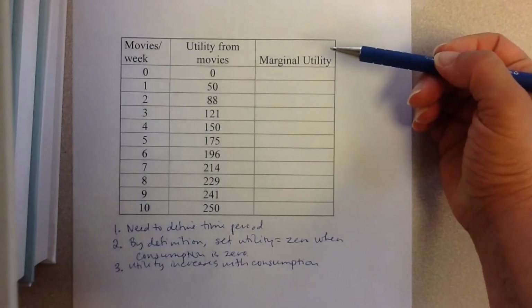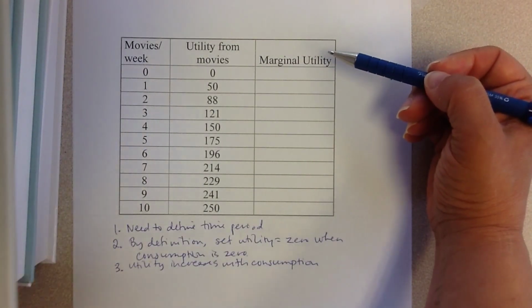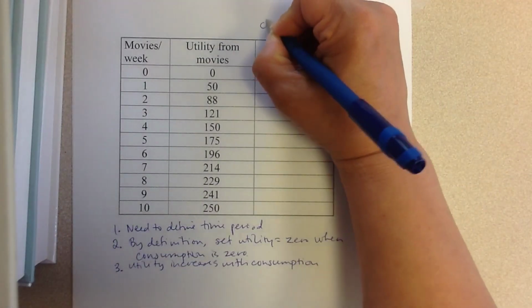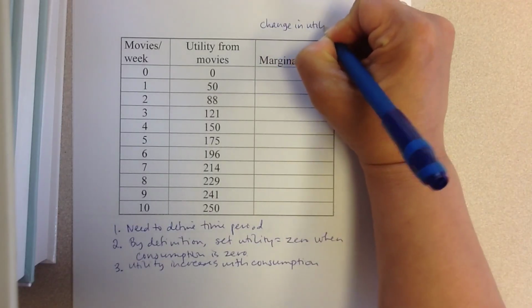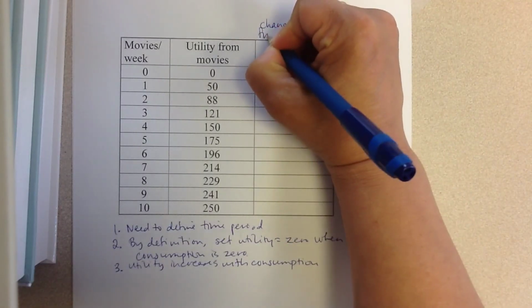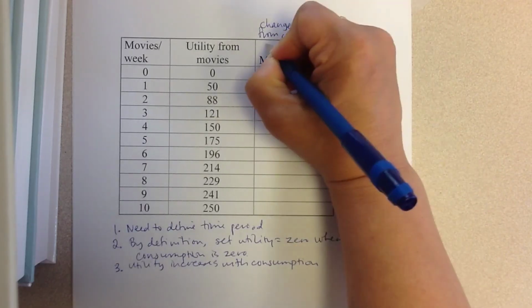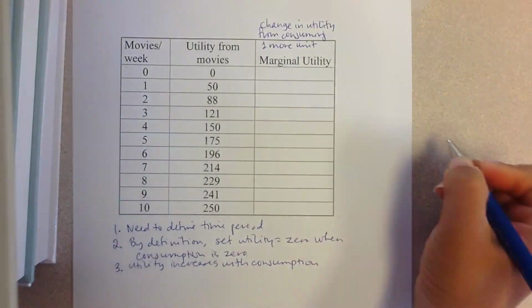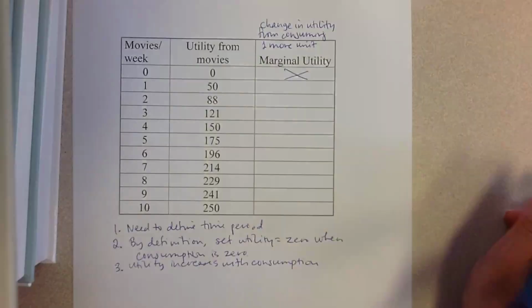Now we want to look at marginal utility, and that is the change in utility from consuming 1 more unit. So her marginal utility at 0 doesn't exist.